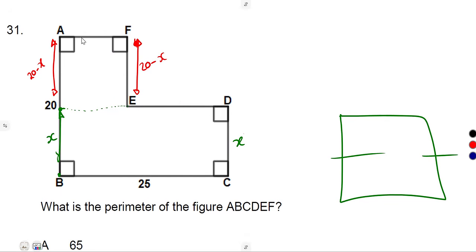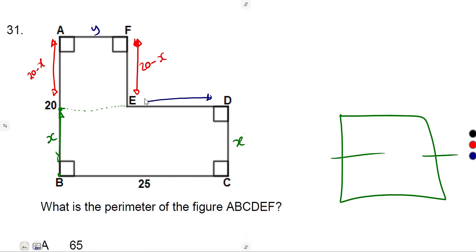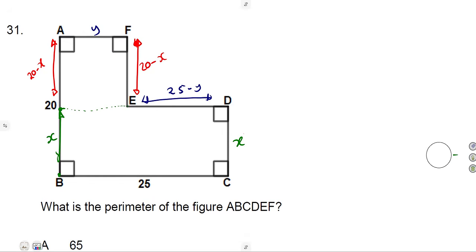From A to F, you can just call it Y. It's another side, so you cannot use X. So if the whole of this line here is 25, it means the remaining part is 25 minus Y, 25 minus AF. You can write in terms of those letters A to F, or you can just use X.